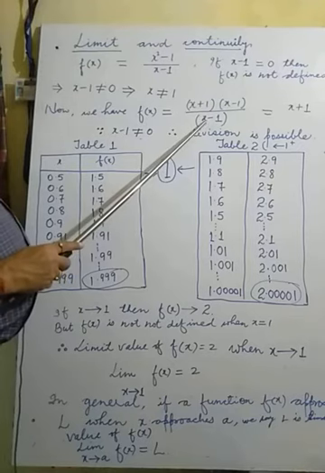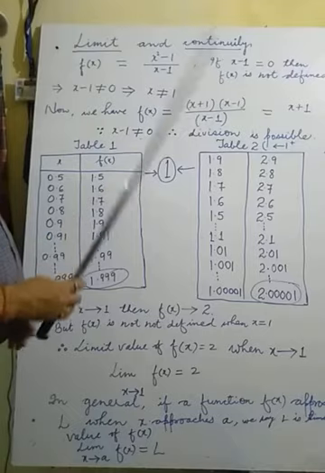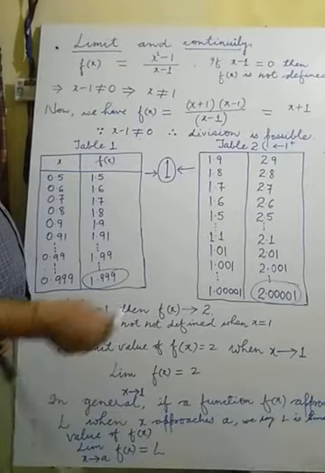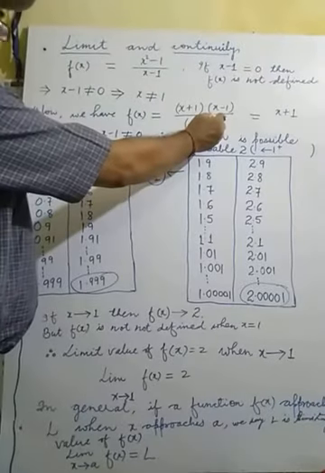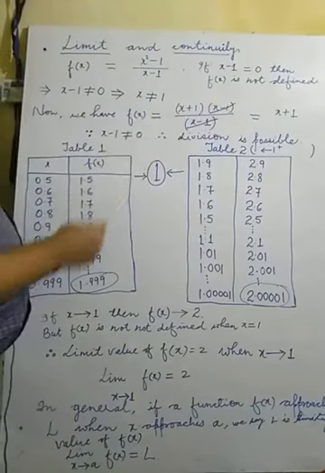this is upon x minus 1. You may observe the result here. After simplifying, this x minus 1 cancels with this x minus 1.